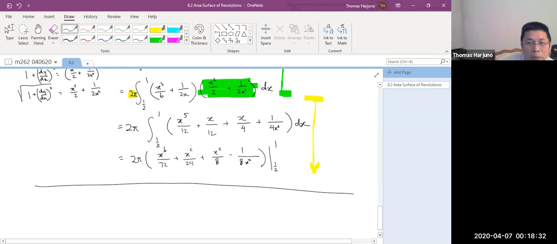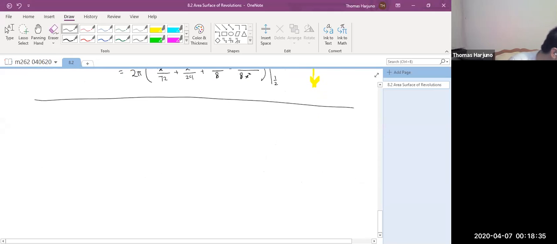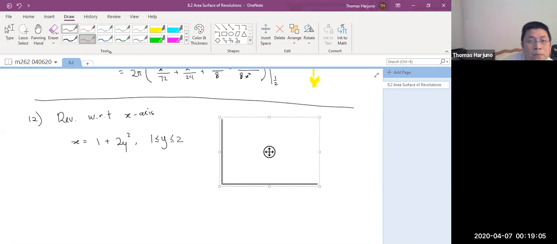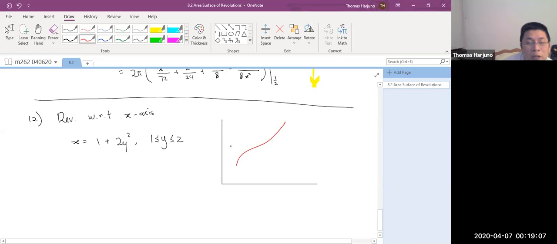The following question makes you think, number 12. Number 12, we still revolve with respect to x-axis. However, the equation is given by x equals 1 plus 2y squared, where the y moves from 1 to 2. So the curve looks like this.